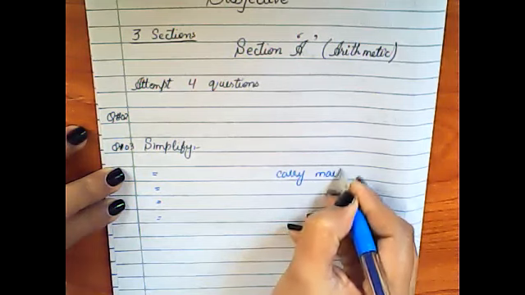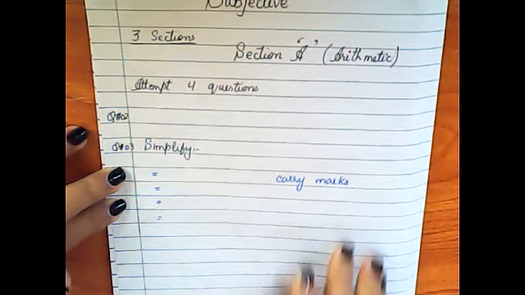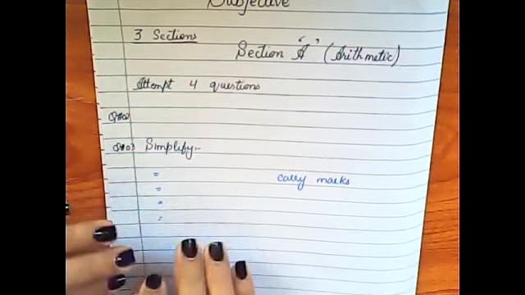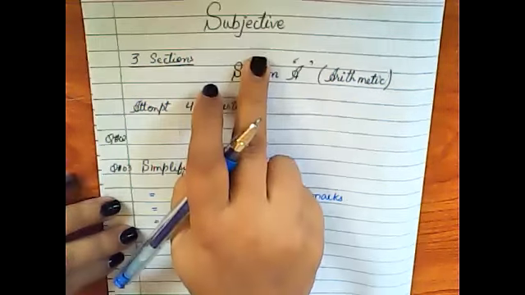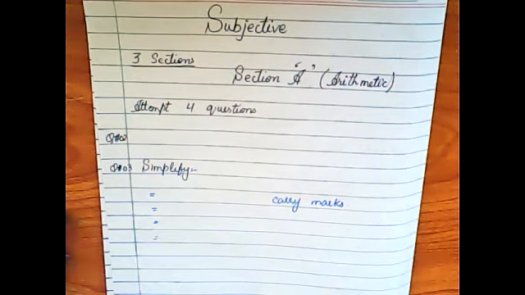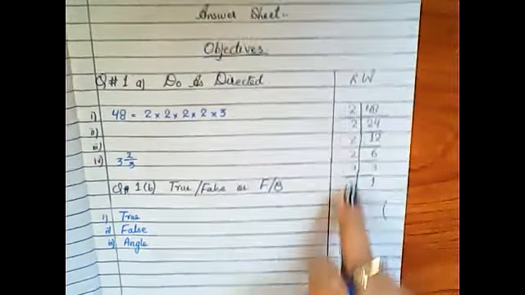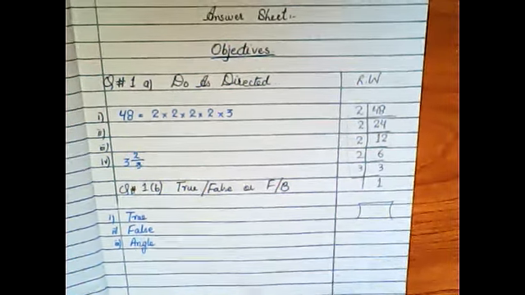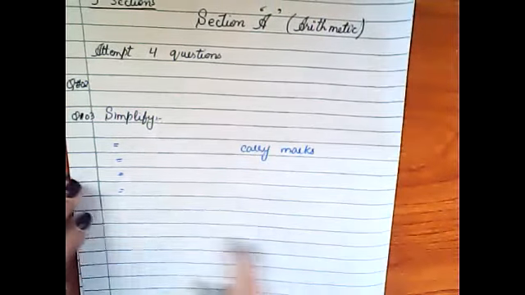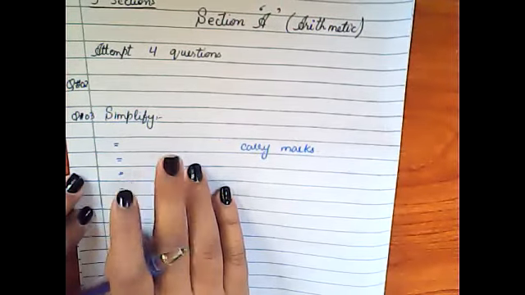So you have to solve each and every step of each question in the subjective portion. In the objective portion you write the direct answer, and if you want to solve anything you will use a working column. In the subjective portion you can also use a working column, but you have to solve each and every step here.